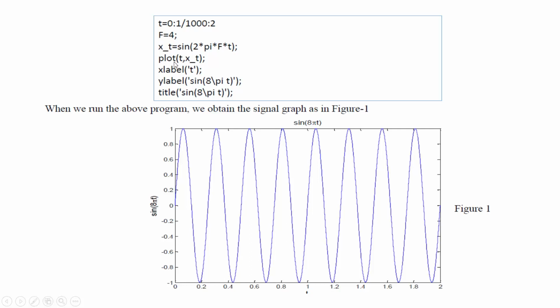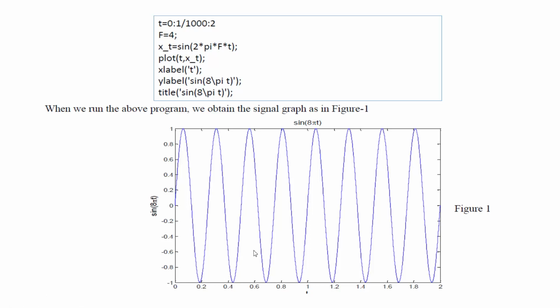Now we need to plot the signal. We can plot the signal in MATLAB with plot t, which will be on the x-axis, and xt. These will be the steps coming onto the x-axis, and the sine wave will be generated starting from 0 on the time axis, right?